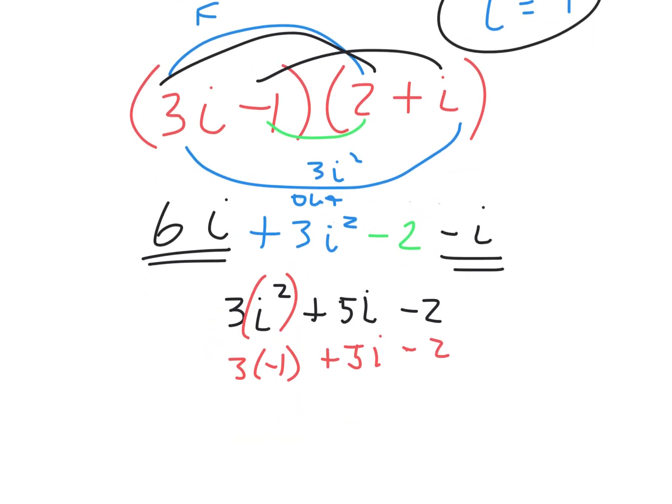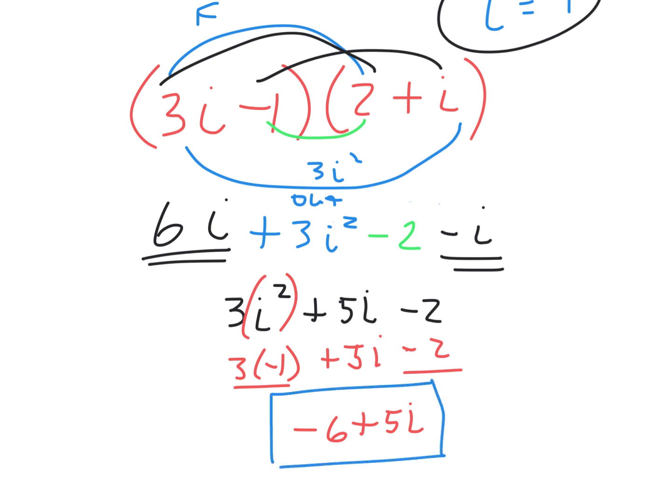And that's negative 3 and negative 2 makes negative 6 plus 5i. Did I make a mistake? Oh, I multiplied them. Sorry. Negative 3 and negative 2 makes negative 5.